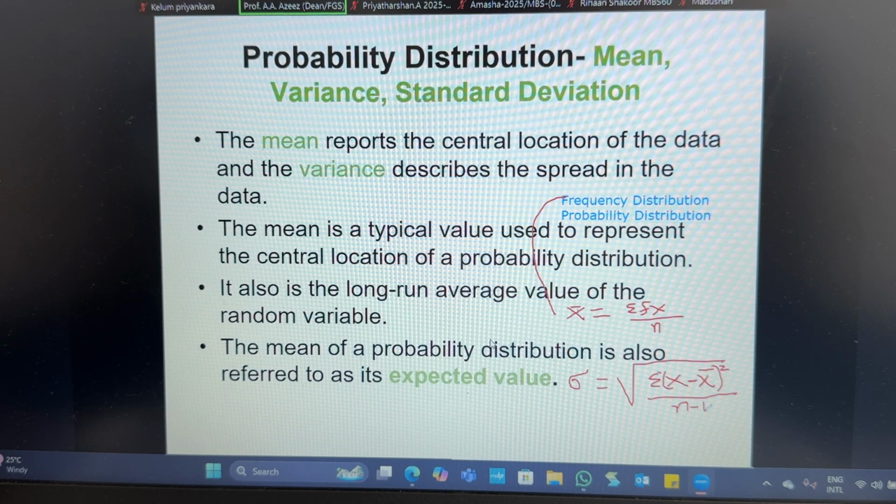If there is a frequency, we use f: sigma f (x minus x bar) squared over n minus 1. This is for the frequency distributions.